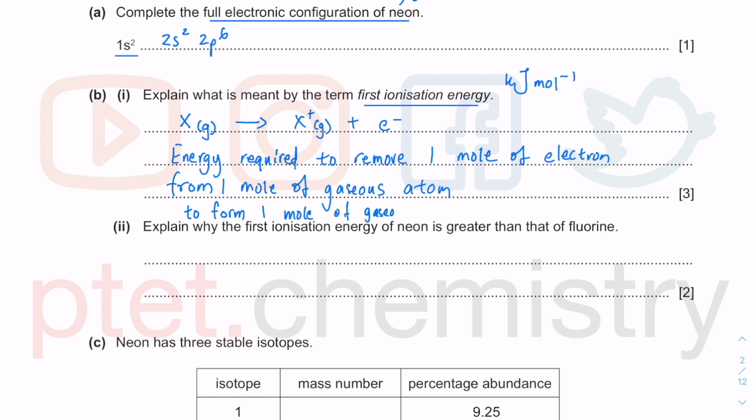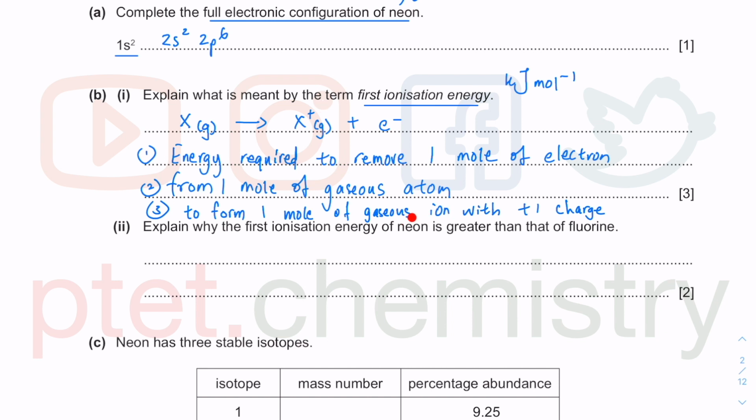I know different textbooks will have different sorts of definitions. I'm just going to run you through my definition first. Gaseous ions with a +1 charge. This is the same thing I do with all my other topical playlists, as you will see with the rest of my channel. So I see 3 points here. Like I said, different textbooks will use different definitions. They can say 1 mole of gaseous monocation, which means single cation.